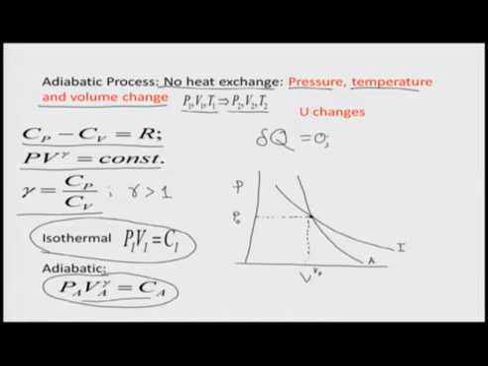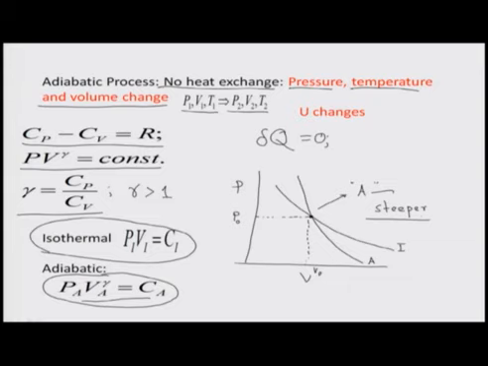How do you do that? They intersect at the point P0, V0. You can immediately see that the curve which I denoted by adiabatic, okay, this is steeper, this is steeper. So, you should look at this slope. You can look at the slope and see which curve is steeper. Adiabatic is always steeper than the isothermal, which I am going to show in a few lines in the coming slide.